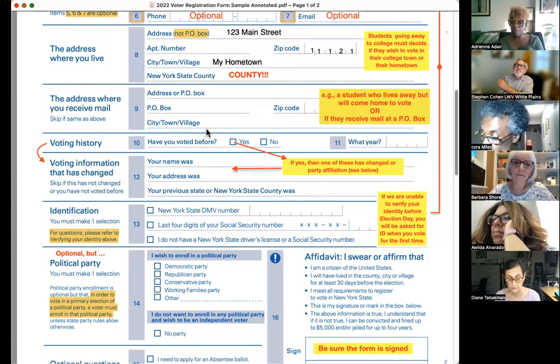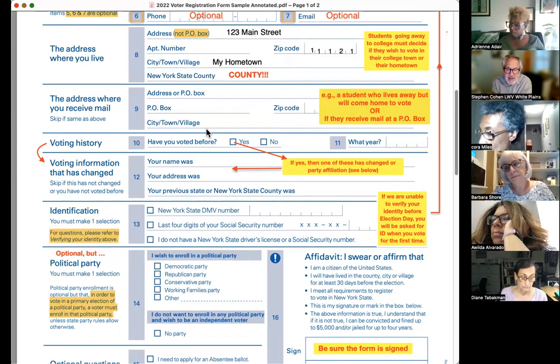Is anything forwarded from voter registration? That's a good question. Board of Elections? To the best of my knowledge, prior to each election, they're required to send information informing each voter what their election district is, what their assembly and senate and so on districts are, and where their local polling place is.